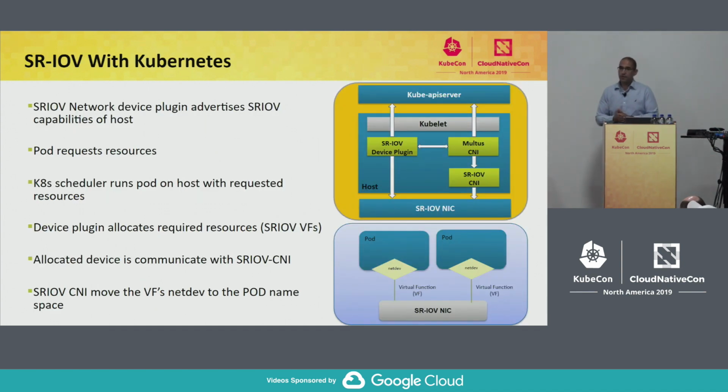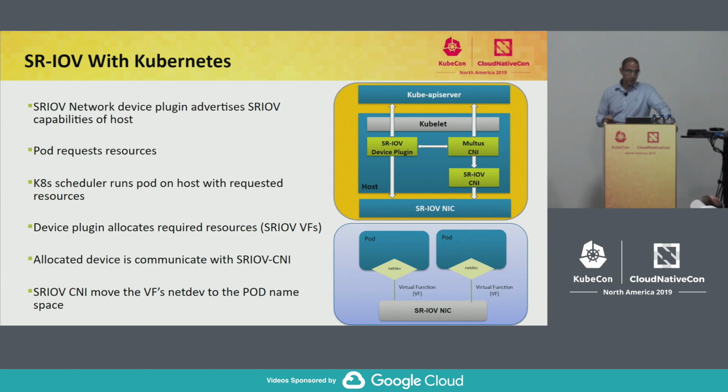So how does it look from an orchestration perspective on the Kubernetes level? First, the SRIOV network device plugin will advertise the SRIOV capabilities, basically how many virtual functions each device has. Then when you launch a pod, it will define that it needs SRIOV, saying I need a virtual function.